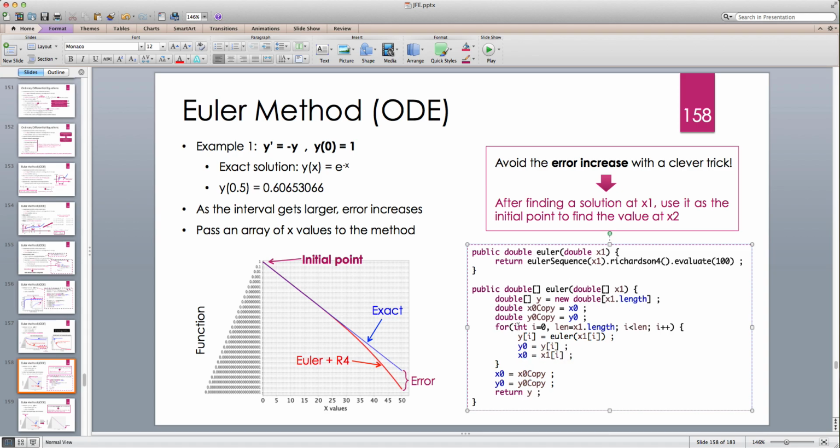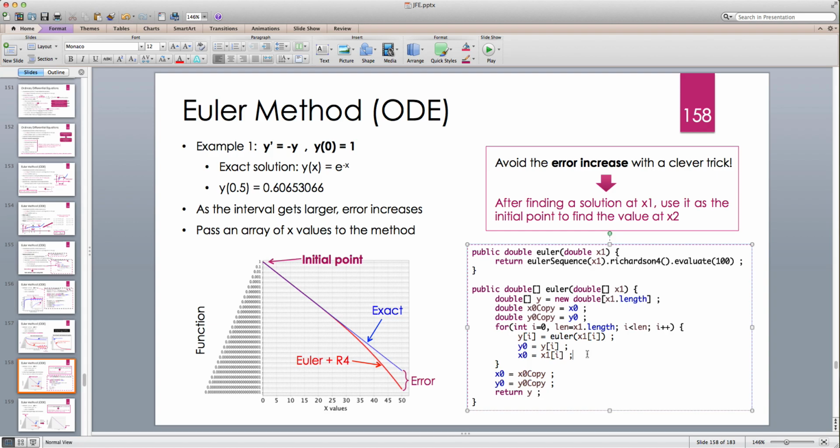So y at index 0 is y0, and x at index 0 is x0. These are given. Then we calculate y1 using Euler based on the original initial condition, but then the initial condition changes, and y2 is calculated based on y1 and x1 as the initial conditions.